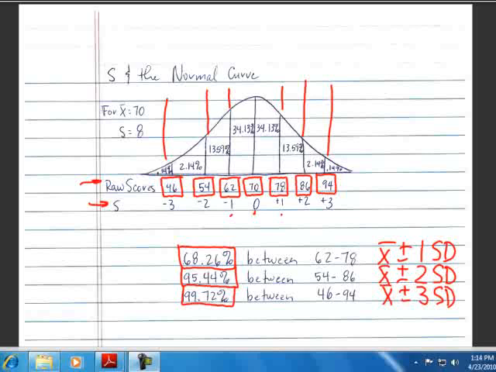ASYMPTOTIC, asymptotic. What that means, and I did an okay job drawing here, is that the tails of the distribution approach the horizontal axis, but they actually never really touch it. So asymptotic is another feature of the normal distribution.